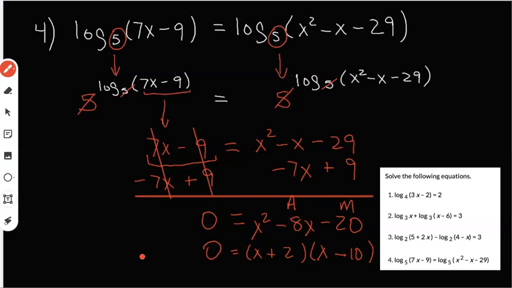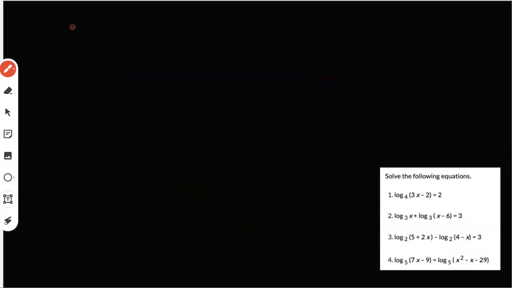So now I'm going to have two different equations. I'm going to have x plus 2 equals 0, and I'm going to have x minus 10 equals 0. When I solve the first one, I get 0 minus 2. That's going to give me x equals negative 2.